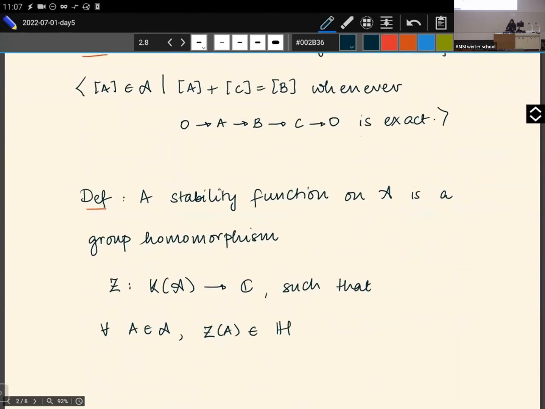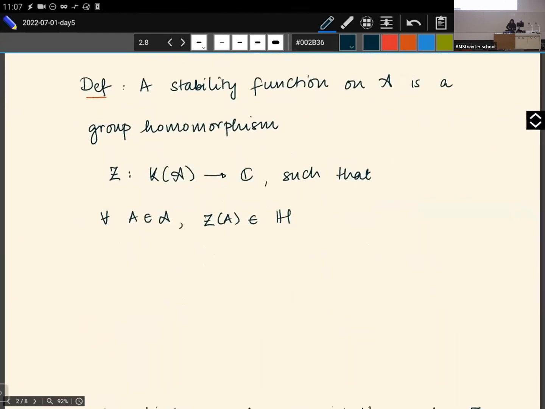So now, here's what a stability function is on your abelian category A. So what are we doing? We're saying, on one hand, we have this Grothendieck group, which has within it classes of objects inside of your category. And you're going to send every object, or the class of every object, to a complex number.